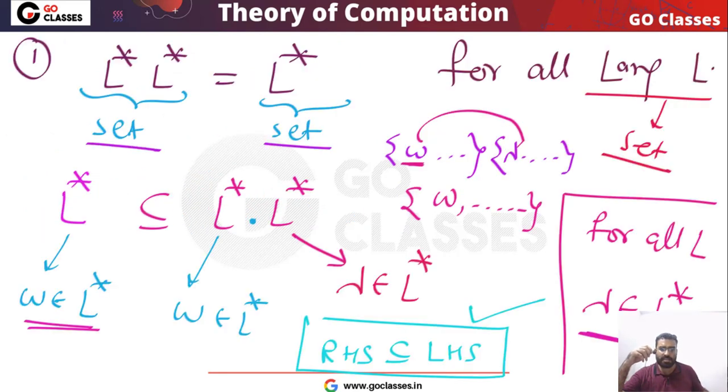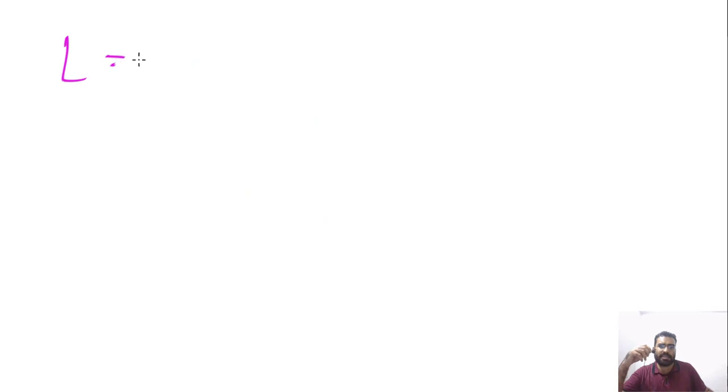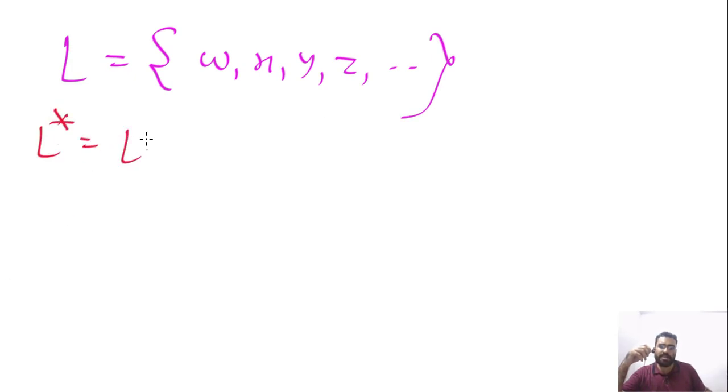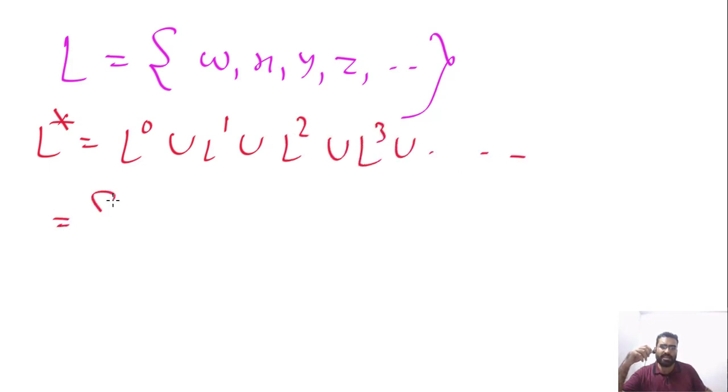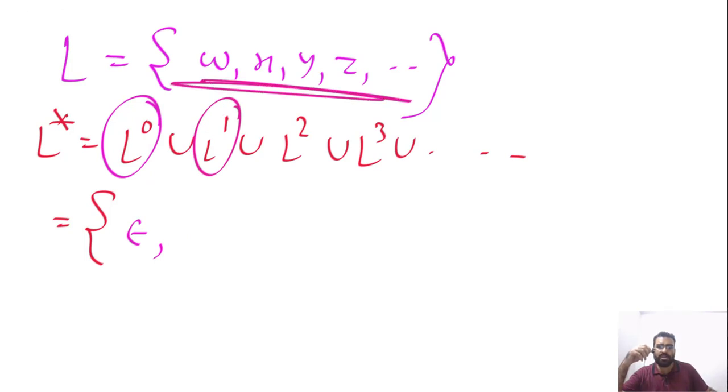This is very simple to understand. What I'm saying is that if L is like this, let's assume W, X, Y, Z, and so on, then what is L star? L star means L power 0 union L power 1 union L power 2 union L power 3, and so on. Because of L power 0, you will have the empty string, and because of L power 1, you will have all these strings.